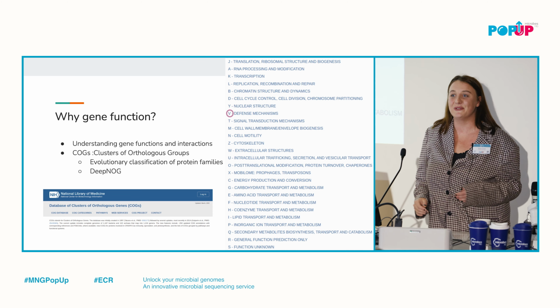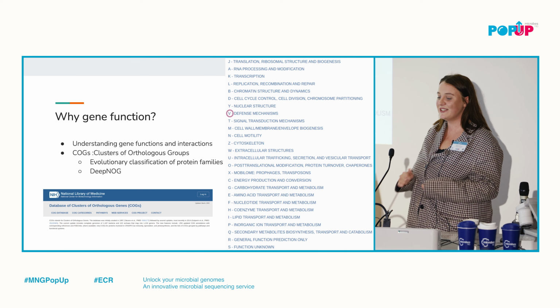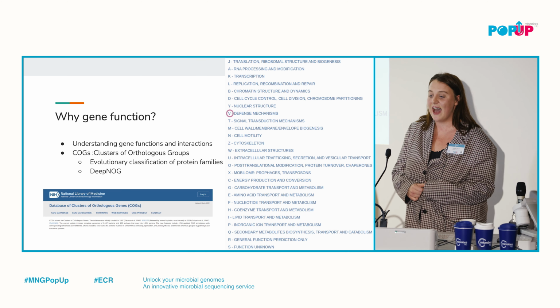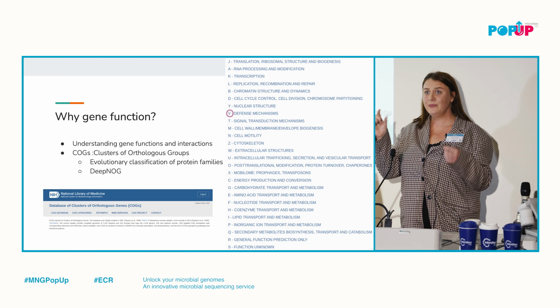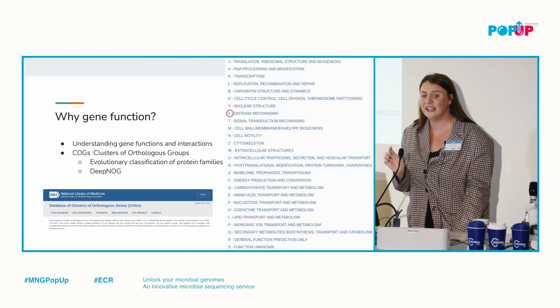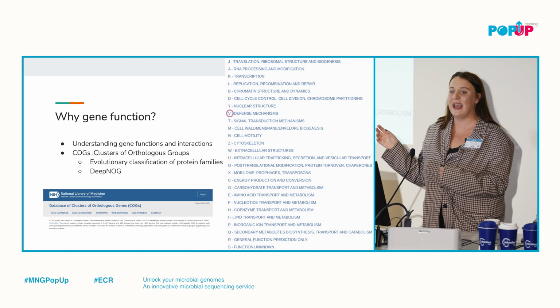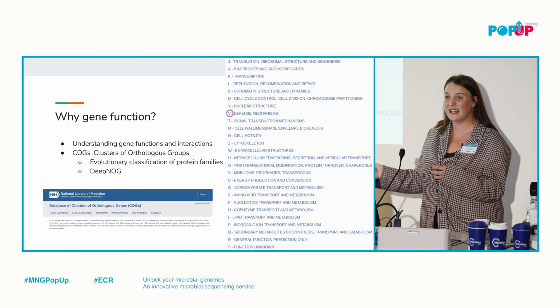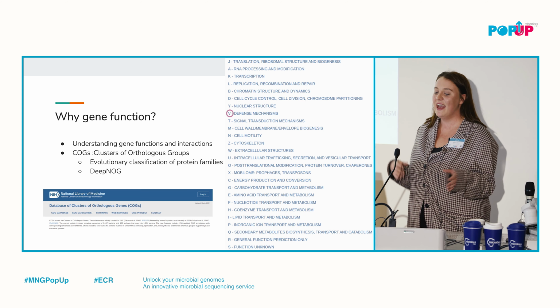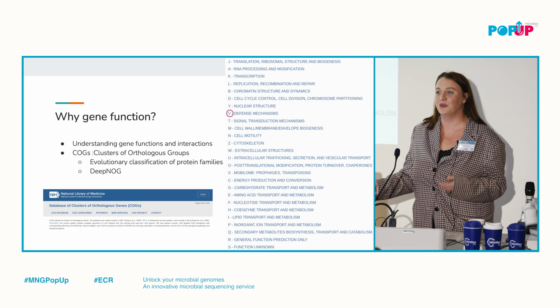And the system that I used was COGs, which are clusters of orthologous genes. That assigns basically a little ID to each of your genes, and that will give it a functional category, so kind of the function of it, and then you can group things by what their function is.